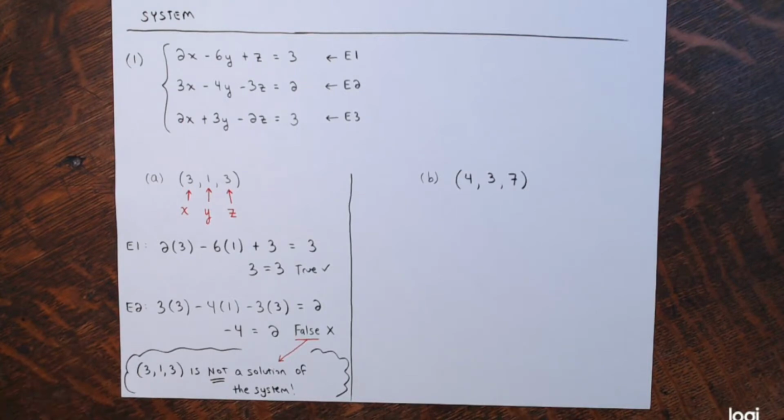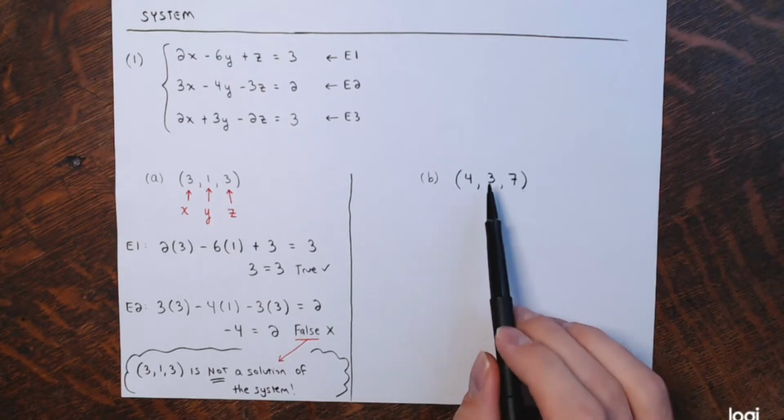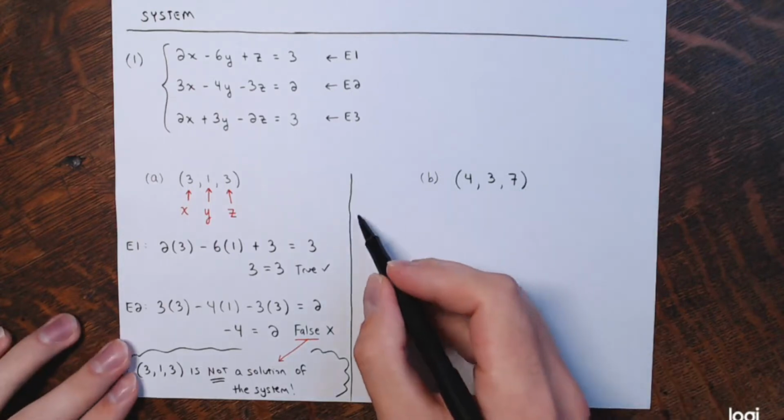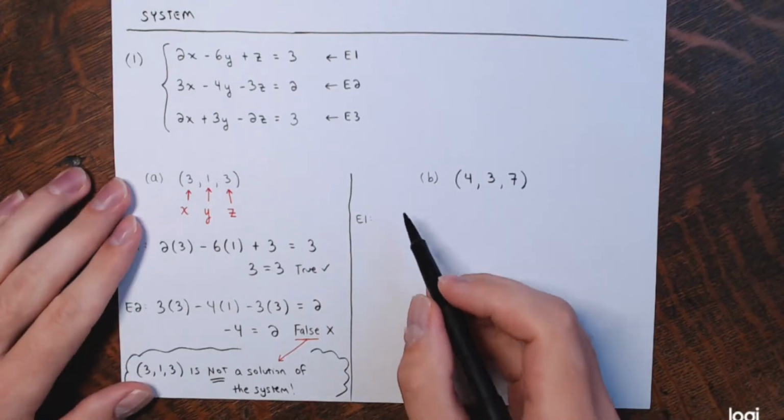Alright, so let's look at part B. We're given the ordered triple 4, 3, 7. 4 for x, 3 for y, 7 for z. And I have to start over with equation 1. Check them all.